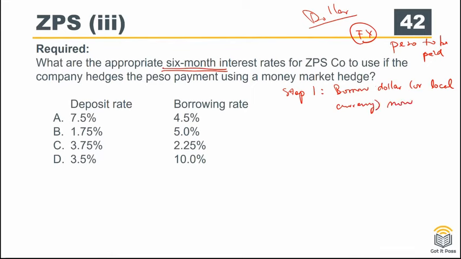Once you borrow the money from the bank or other institutions, you convert the dollar into peso at the current spot rate.